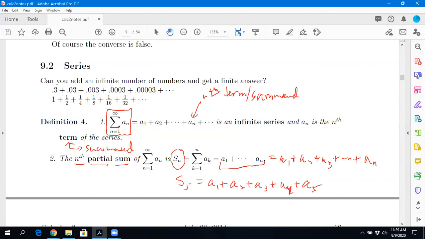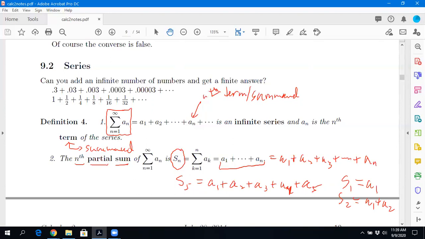Okay? What's s sub 1? a1. What's s sub 2? a1 plus a2. Okay? First partial sum, second partial sum, etc.